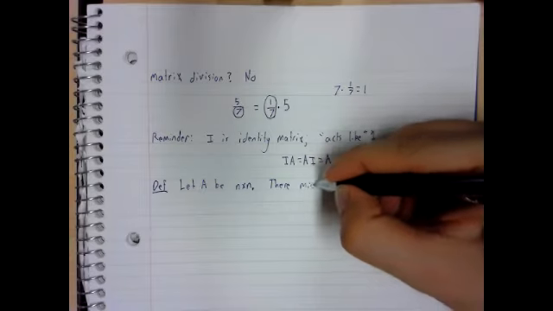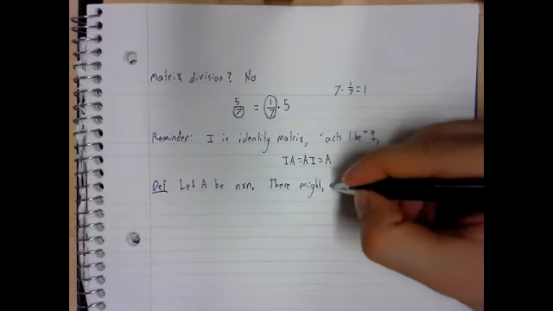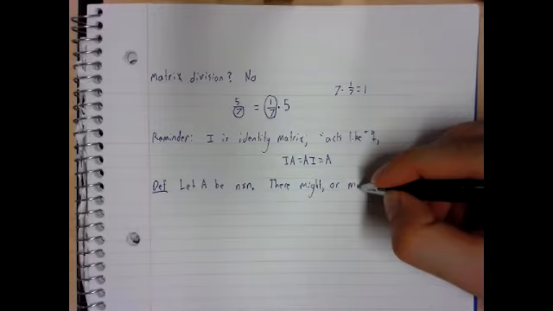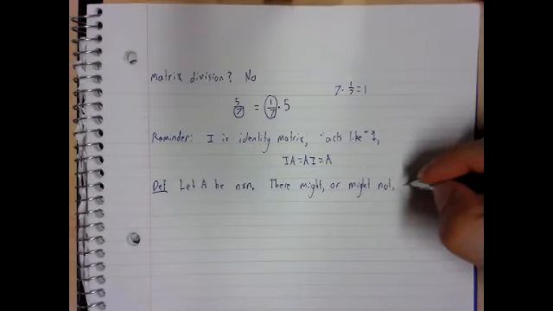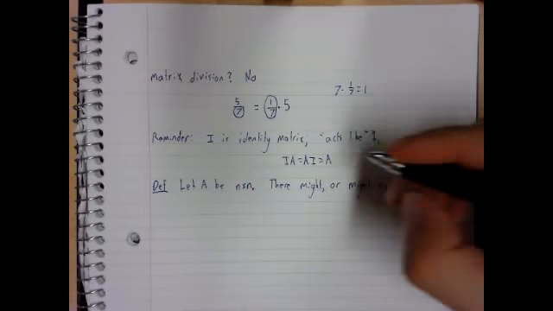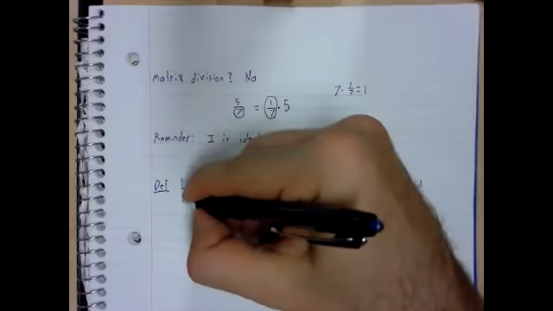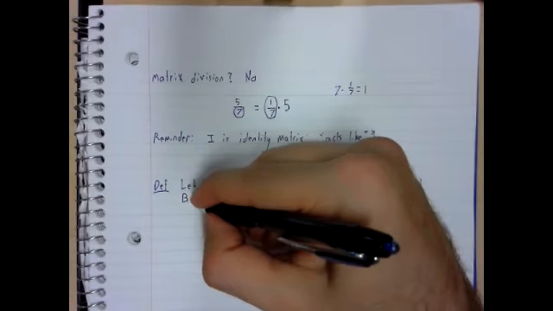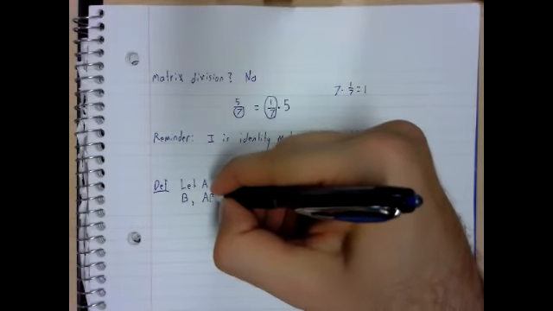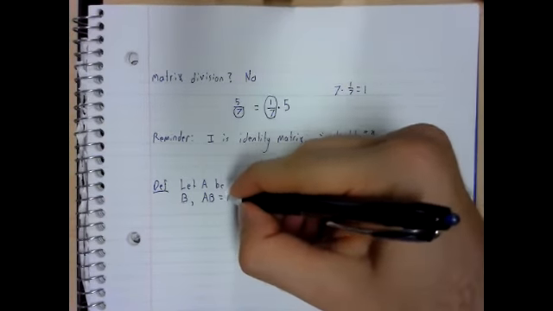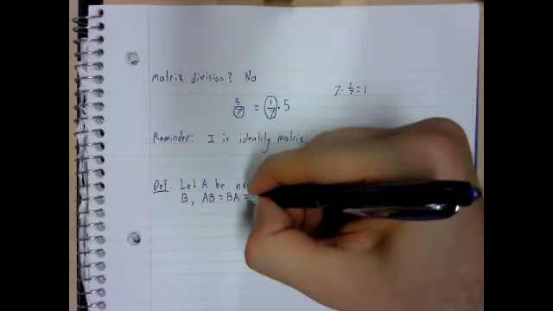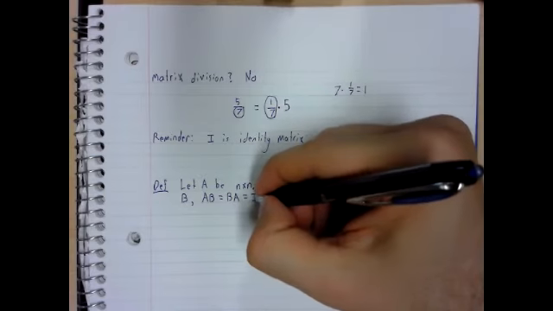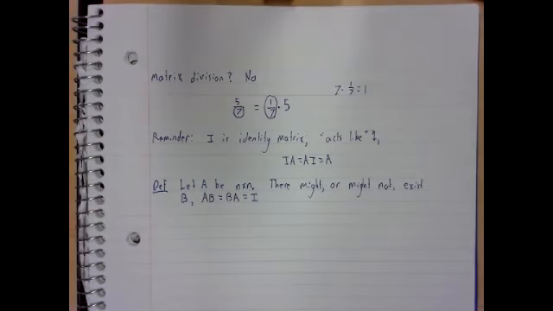There might, or then again, there might not exist another matrix B such that A times B equals B times A equals the identity matrix I.